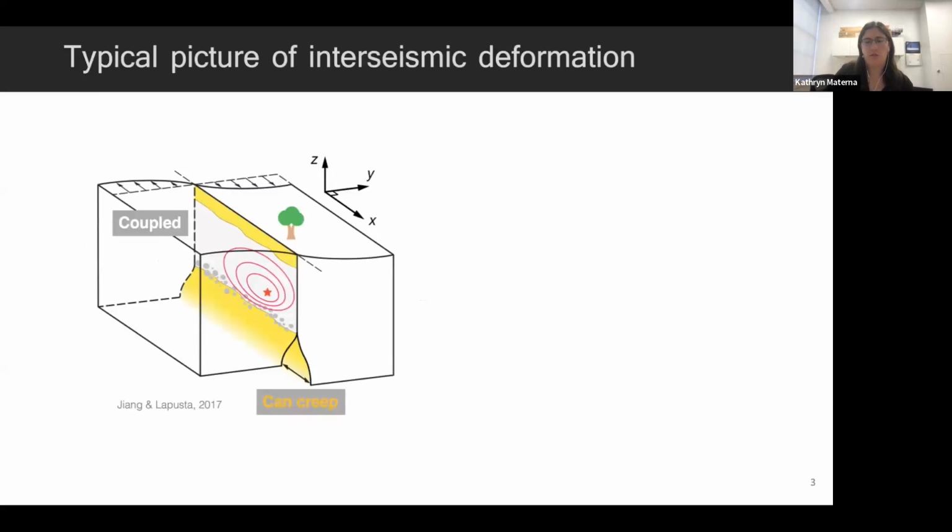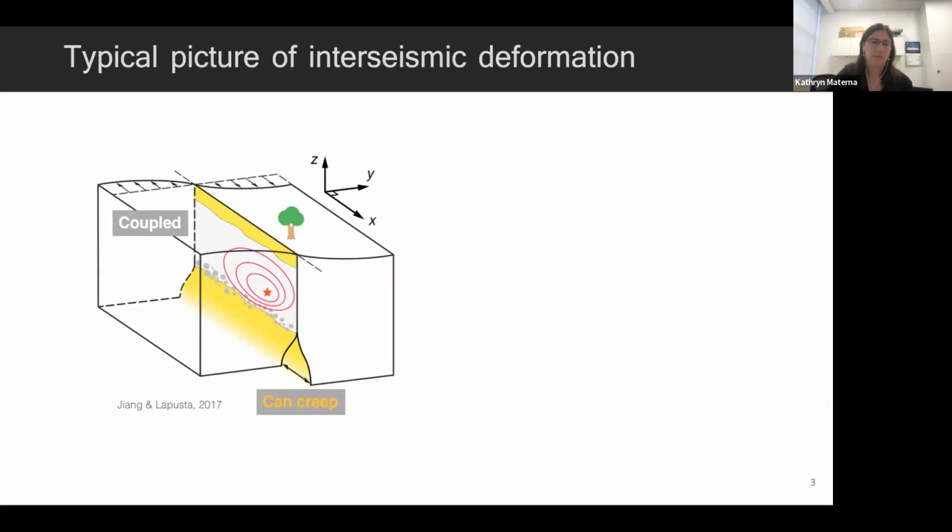To introduce the concept of fault creep, first I'll start with a typical picture of interseismic deformation on a strike-slip fault. Our understanding of the typical strike-slip fault includes some combination of these features. Not all faults have all of these features, but often strike-slip faults have a seismogenic zone at intermediate depths in the Earth's crust that between earthquakes remains highly coupled and does not move, but can rupture in seismic events.